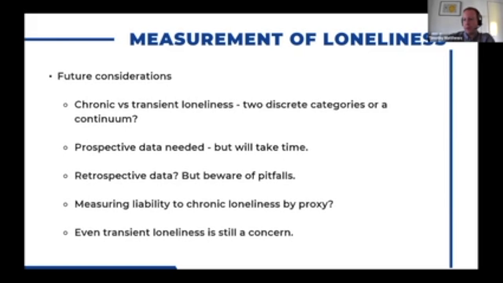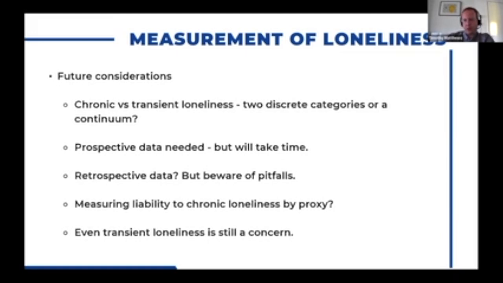So here are some concluding thoughts about how we could improve the ways that we conceptualize and measure chronic versus transient loneliness. And when I get to this point, I start to wonder if we're almost asking the wrong question. Are we being too reductive in trying to pigeonhole loneliness into these two categories?